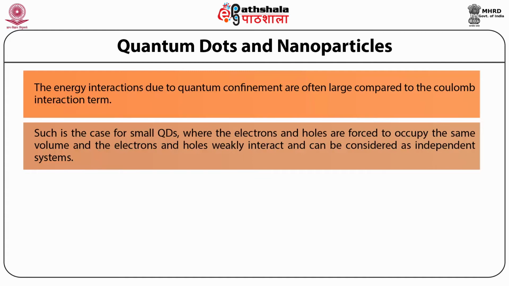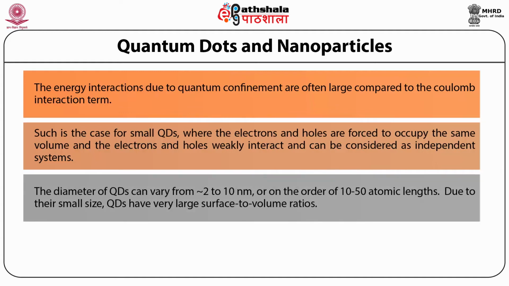Quantum dots are novel nanocrystalline semiconductor materials whose electrical as well as optical properties strongly depend upon the size and shape of the dots. The diameter of a quantum dot can vary from 2 to 10 nanometers, or on the order of 10 to 50 atomic lengths.